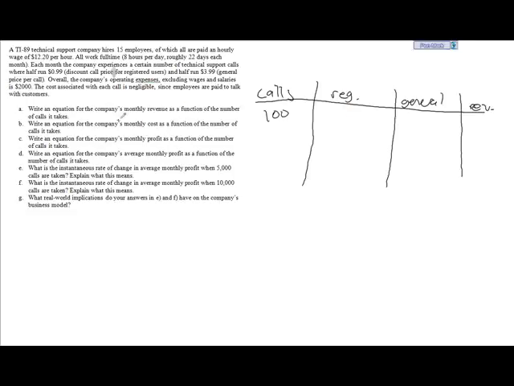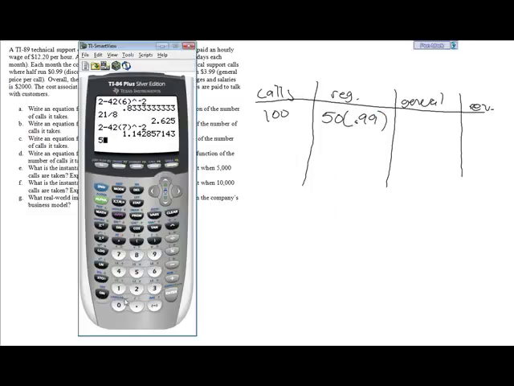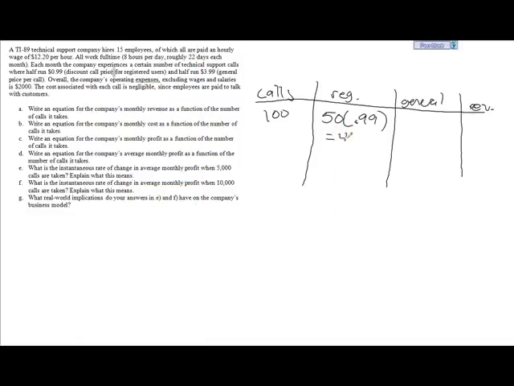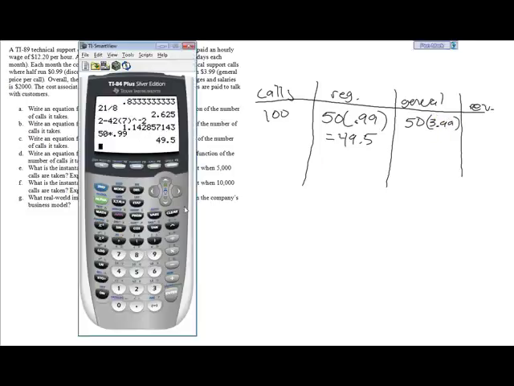Well, we're saying that half of those tend to be 99-cent calls. So those are the registered users. So they will earn 99 cents 50 times, which is 50 times 99, or $49.50 from the registered users, and the other 50 will be general non-registered members, and those will pay $3.99 for the call.